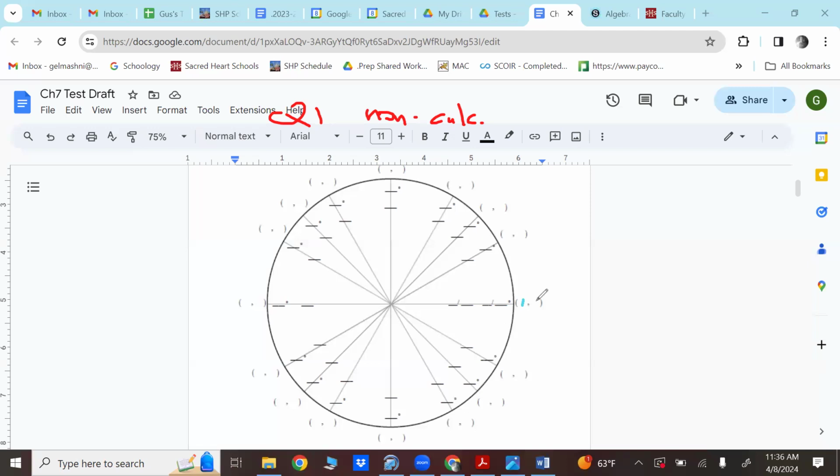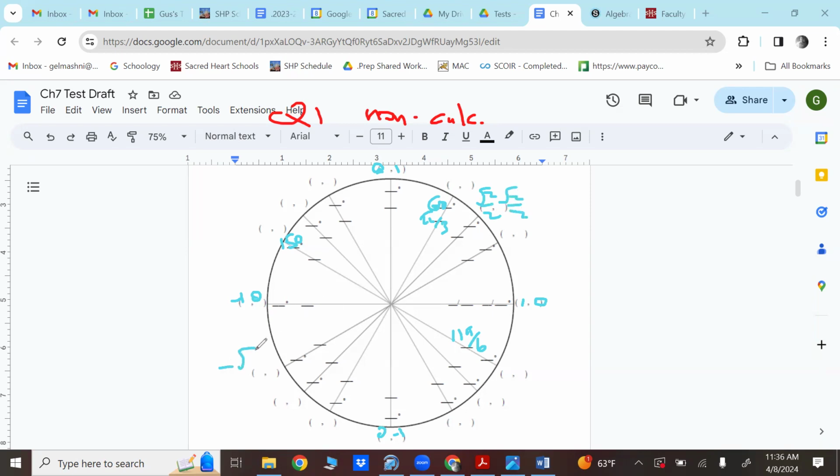Say that's 1 and 0, -1 and 0, 0 and -1, 0 and 1. Let's say this is 150 degrees. Let's say this is 11 pi over 6. Let's say this is pi over 3 and 60 degrees. Let's say this is root 2 over 2, root 2 over 2.